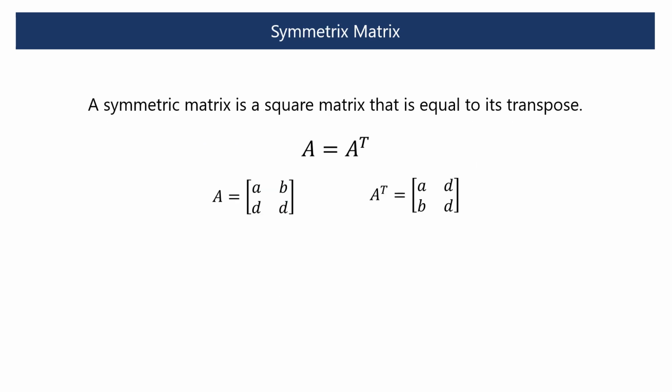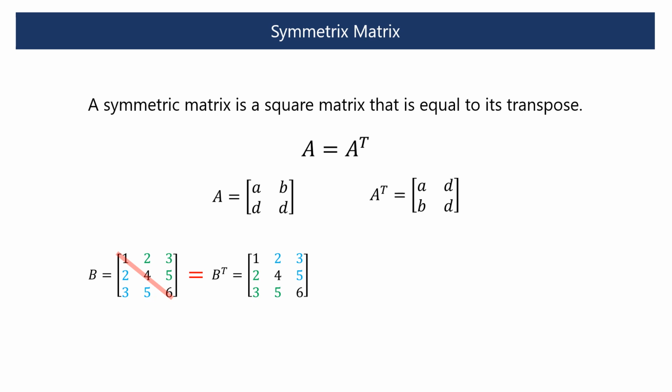Finally, let's see the symmetric matrix. A symmetric matrix is a square matrix that is equal to its transpose. The superscript T attached to the capital letter A denotes the transpose matrix of matrix A. A transpose matrix is obtained by flipping the matrix over its main diagonal, turning its rows into columns, and vice versa.